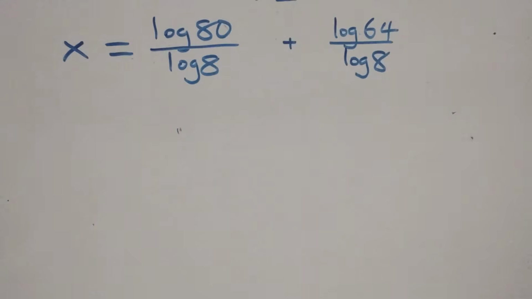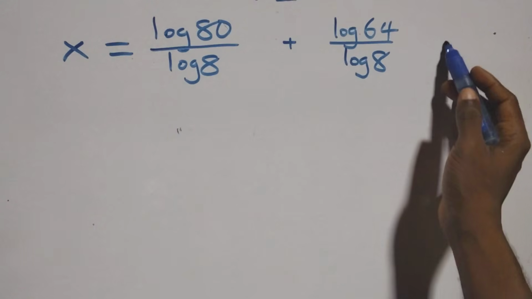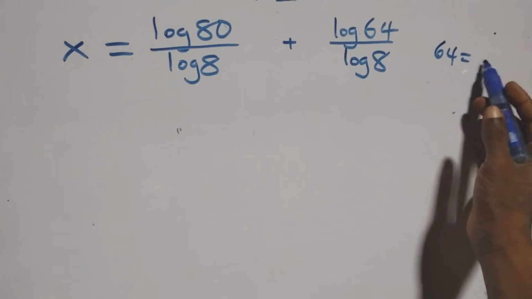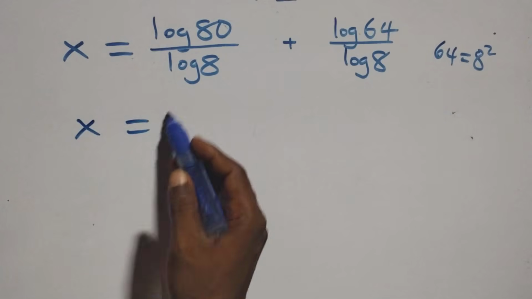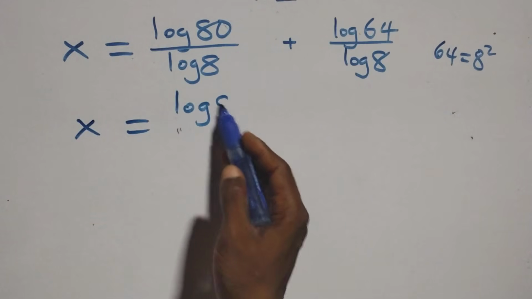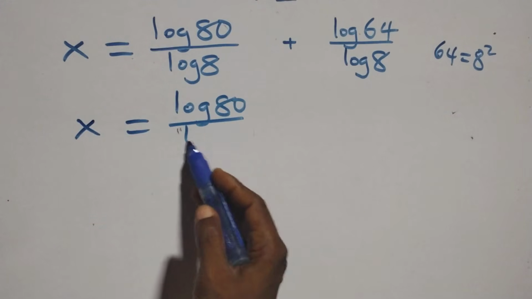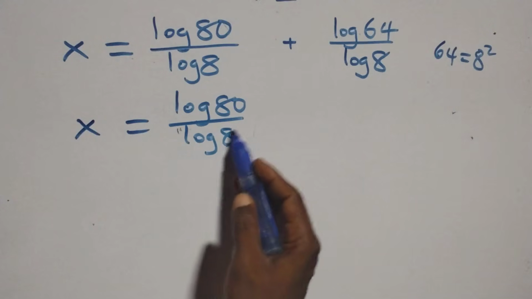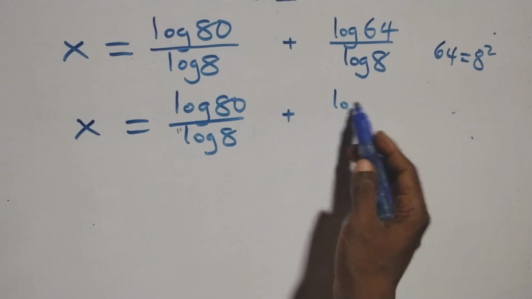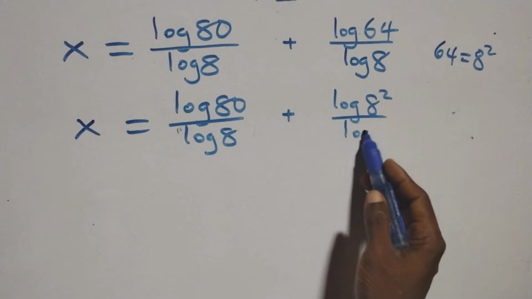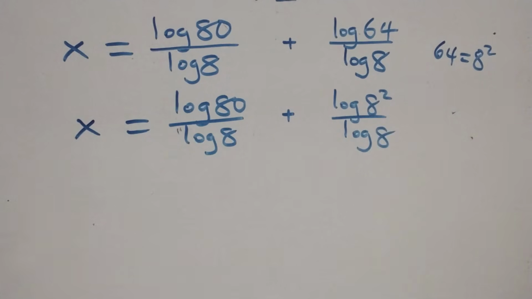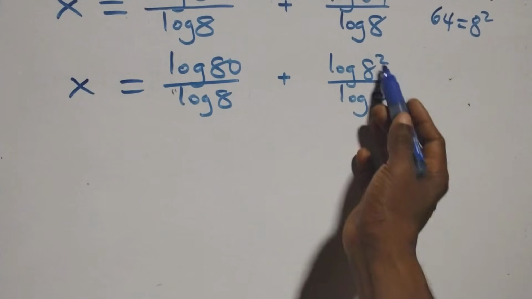Then from here, you can write 64 as 8 times 8, which is 8 squared. And here we have x equals log 80 over log 8 plus log 8 squared over log 8. Apply the power law of logarithm, 2 comes there.